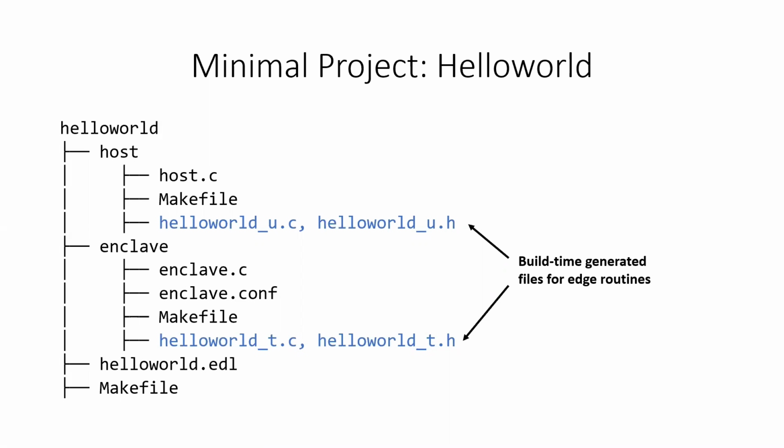As we can see, the host and enclave code are in separate directories that are responsible for the host and for the enclave program separately, and they are compiled separately so that you can clearly see where the boundary is.